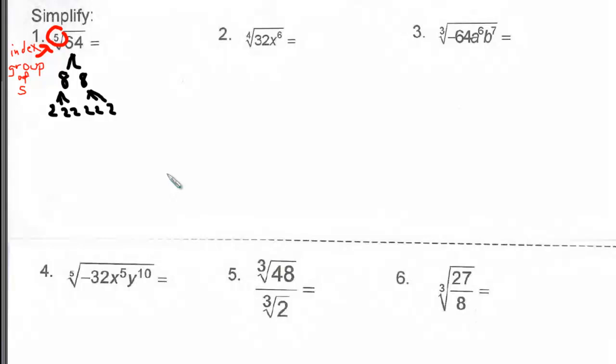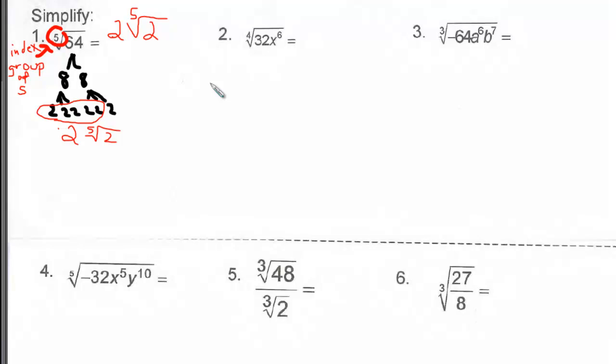That tells me that I need to pull out a group of 5 2's. Those 5 2's become one 2 out front of the radical. What's left over stays underneath the radical. So the answer is 2 times the fifth root of 2.